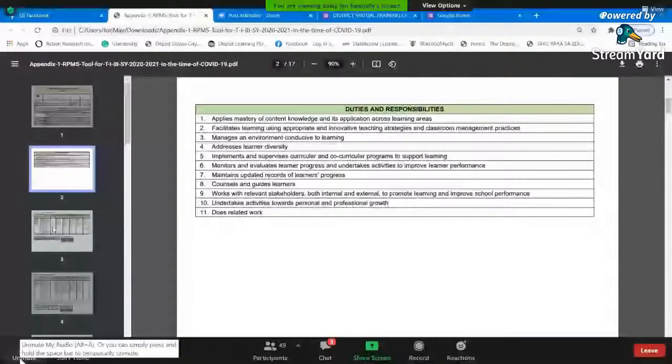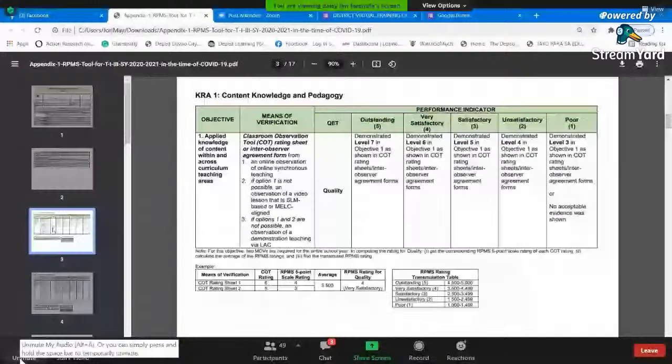For all we know, our IPCRF contains 5 KRA. We have number 1, content knowledge and pedagogy. Now, the objective is applied knowledge of content within and across curriculum teaching areas, and the module is of the previous PPST modules. It was not discussed today because wala siya last year.